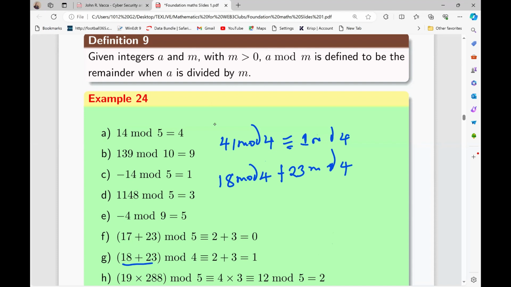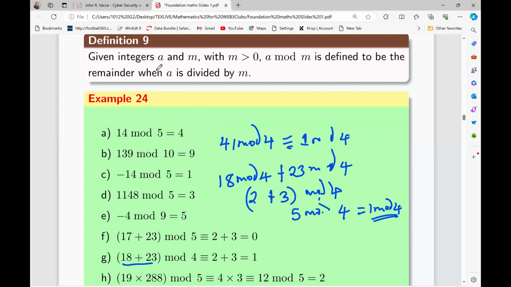The remainder will be 2. 4 into 23, 5 times, gives 20. The remainder will be 3 mod 4. And this is 5, which is bigger than the divisor. 4 goes there, the remainder is 1. So this is the answer.